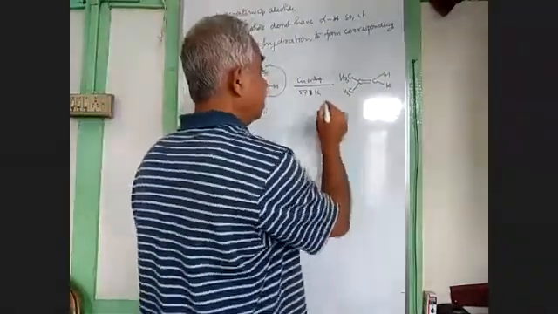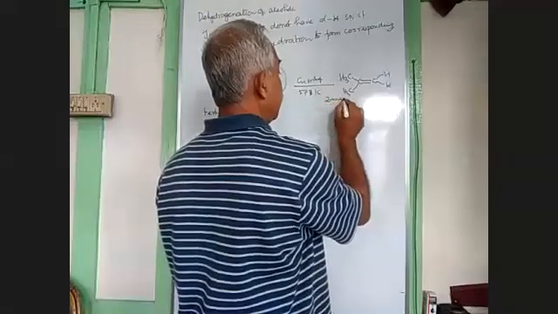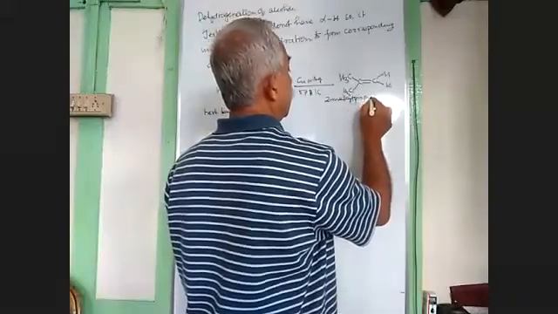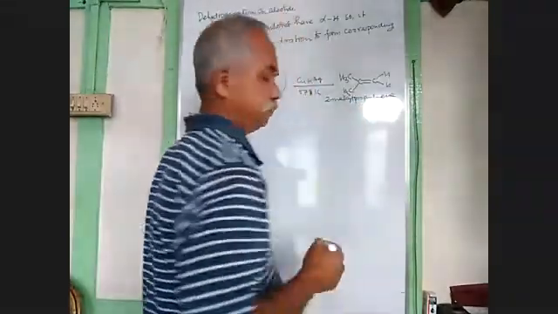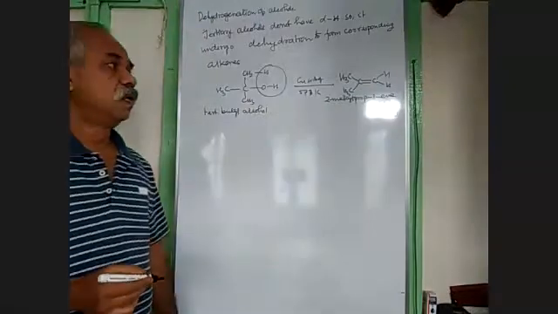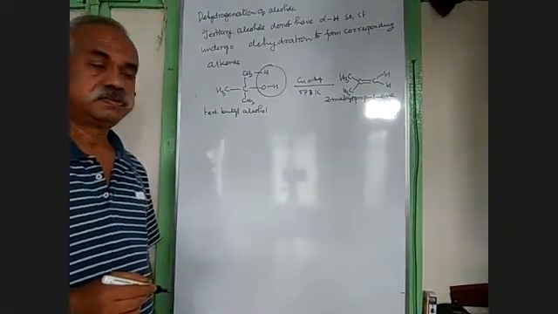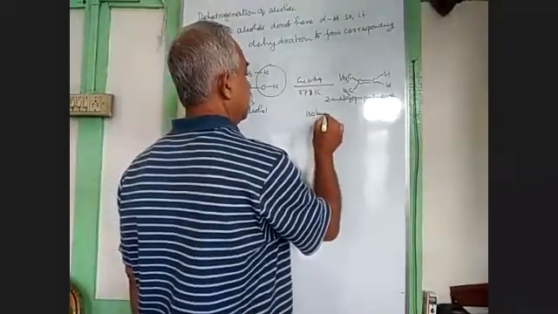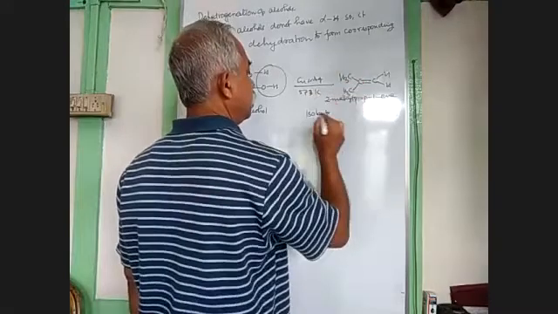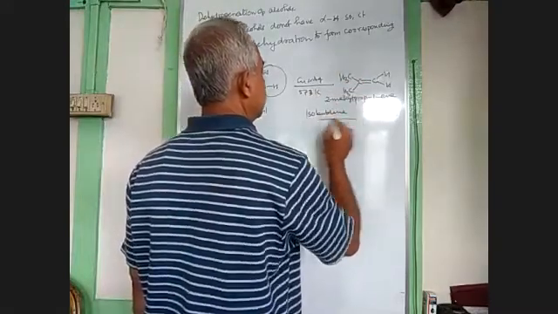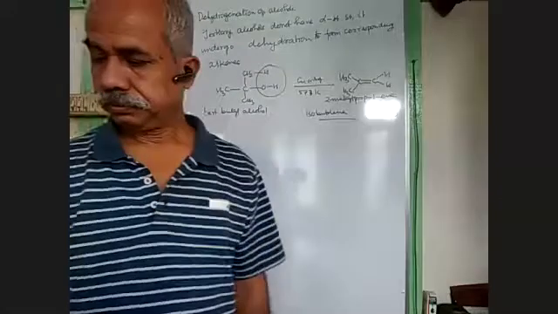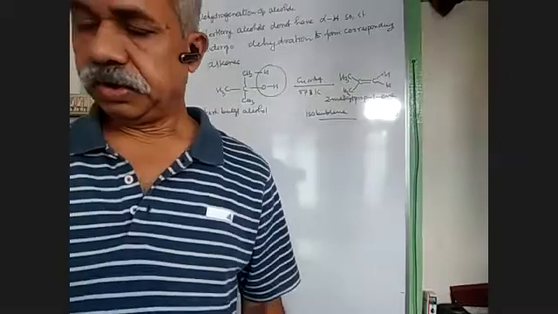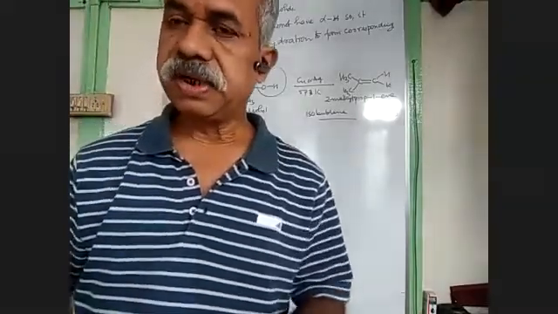It is 2-methylprop-1-ene, or we call it isobutylene. Okay. So with this, chemical properties I finished.